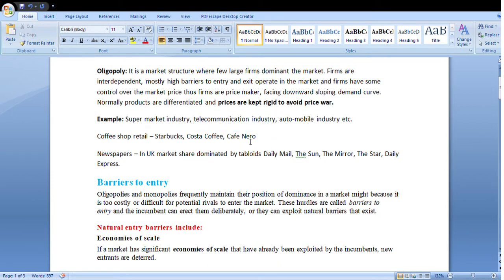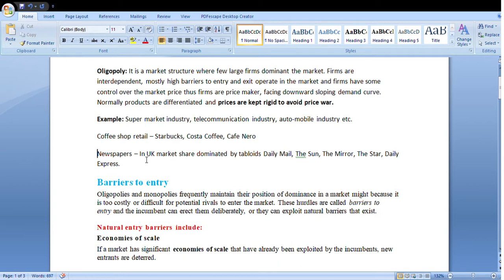In our country, for example, in newspapers, there are so many newspapers, but if we consider which newspapers are dominant in the market, in our country it will be Prothom Alo, Daily Star, Bangla Tribune, Jugantar. A few newspapers dominate the market. So these are examples of an oligopoly market where few firms are dominant.